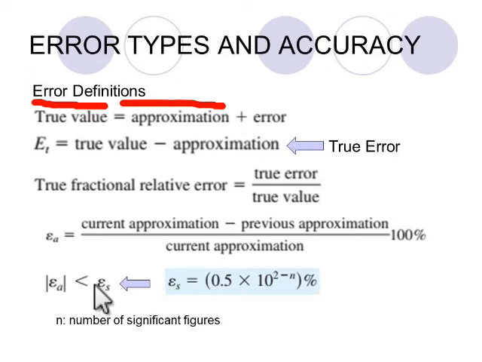And we say that there has to be a certain threshold, epsilon s, and in general it depends on the number of significant figures that doesn't change. If the number of significant figures is 3 digits after the 0, then you put n=3 and you calculate this value and you say that, okay, this is my upper bound for the computation.